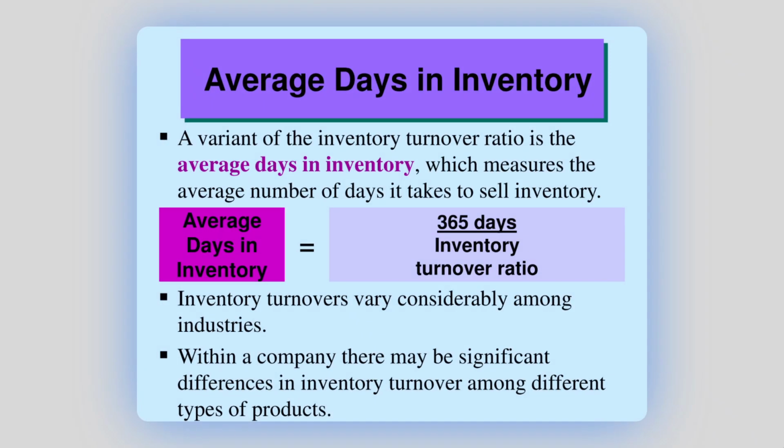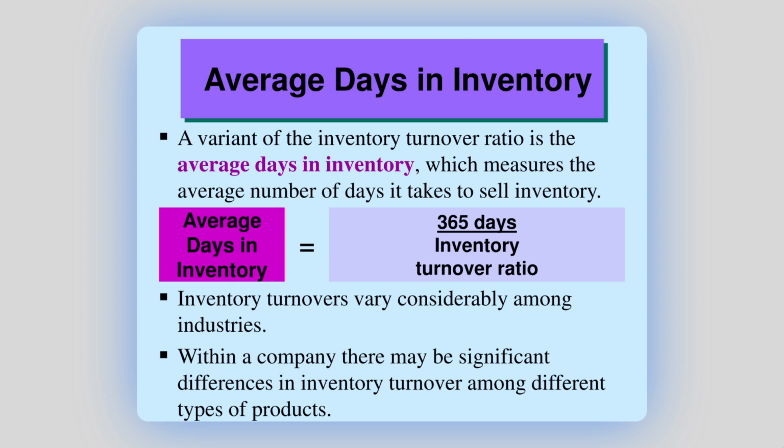So, in terms naman of the inventory turnover, meron naman tayong tinatawag na average days in inventory. So, what do you mean by average days in inventory? A variant of the inventory turnover is the average number of days it takes to sell your inventory. Alright?